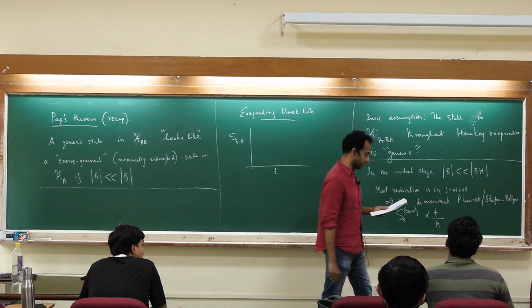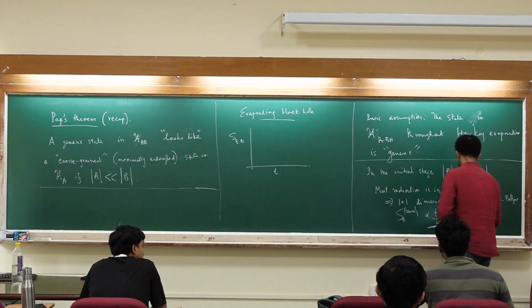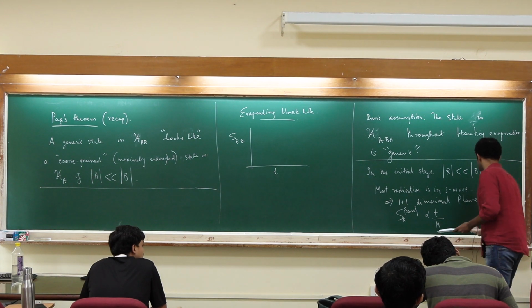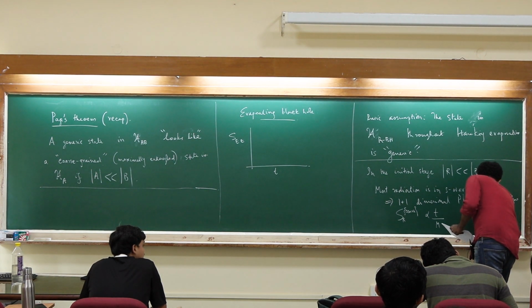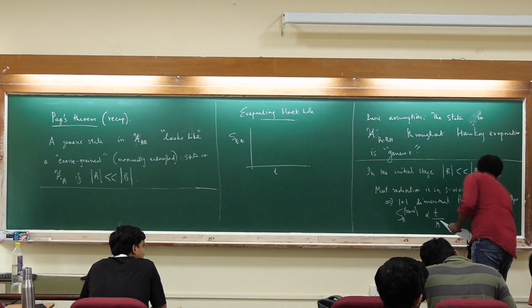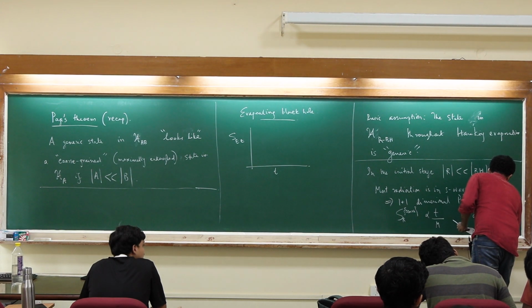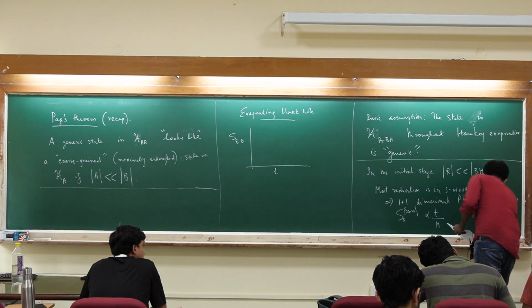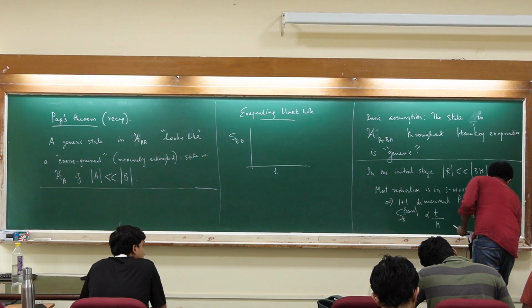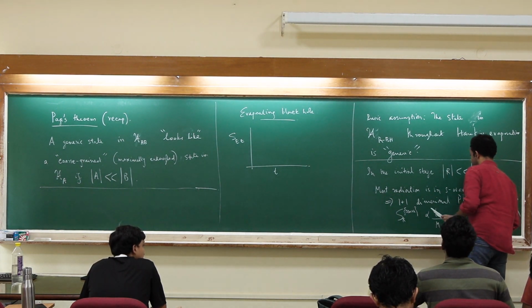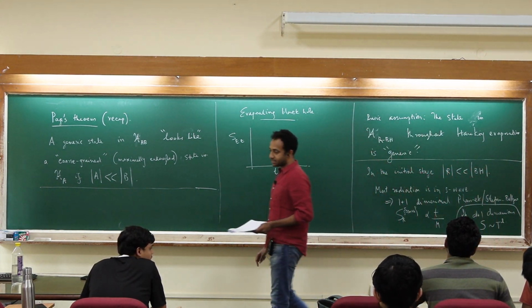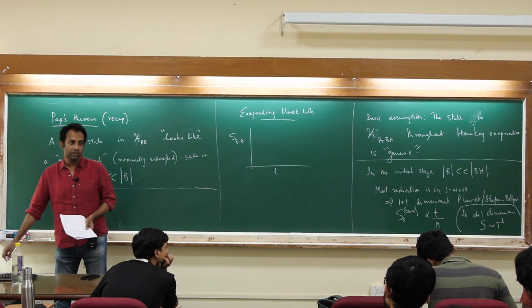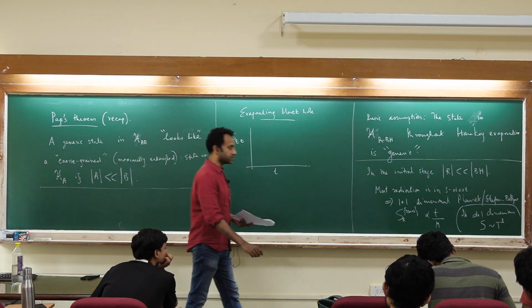The reason why there is T times M is because in D plus 1 dimensions, the entropy goes as T to the D, for a free gas of radiation. That's essentially the Stefan-Boltzmann law, as T cubed in 4 dimensions.